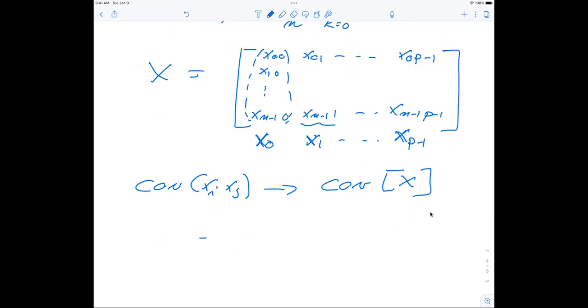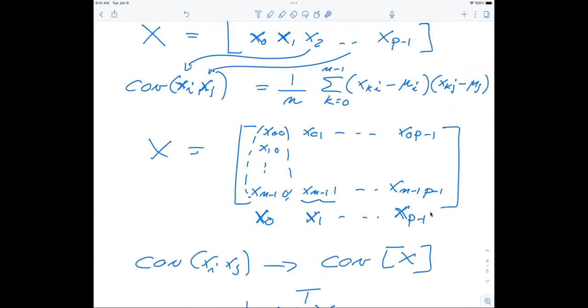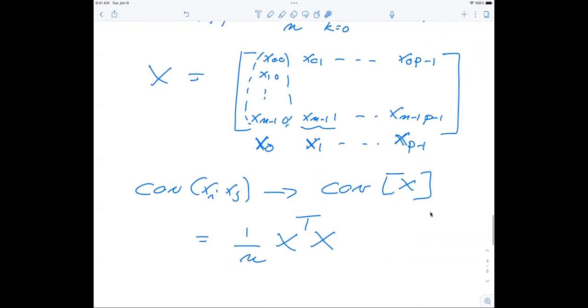And this is nothing but 1 divided by n, and it's easy to see that this is given by X transpose times X. So I leave that as a small exercise. Just convince yourself from the expression which you see here that this can be translated into this term here.